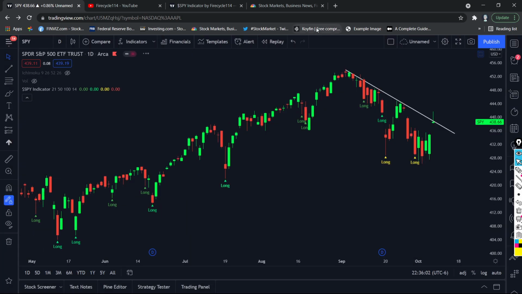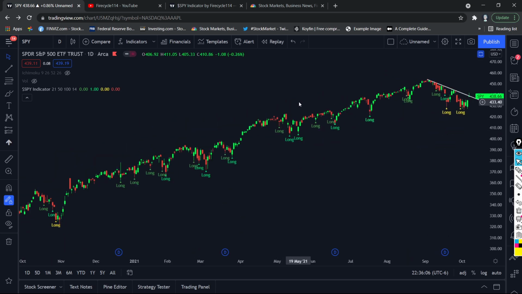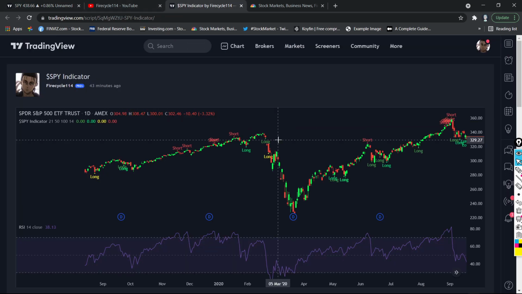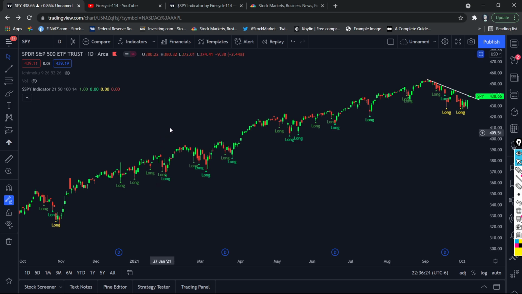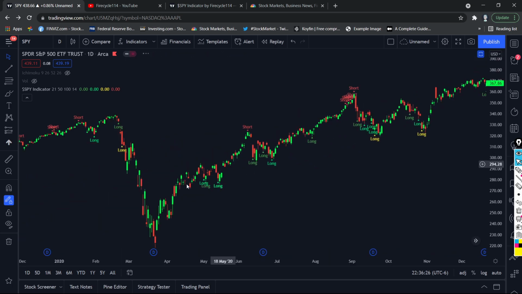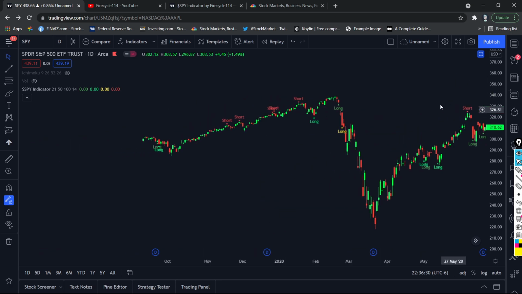Now quickly on the SPY indicator, I'm working on this indicator. I just published it in TradingView, but they are reviewing the code and my description of the indicator. If it goes through, the indicator is finally out for everyone for free. I've backtested this. It's kind of insane, especially since it's a free indicator.